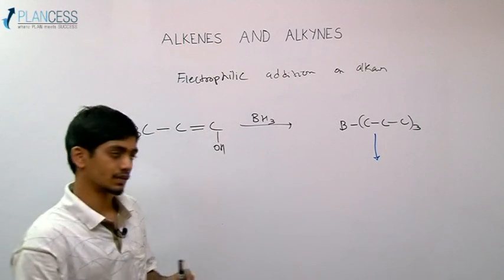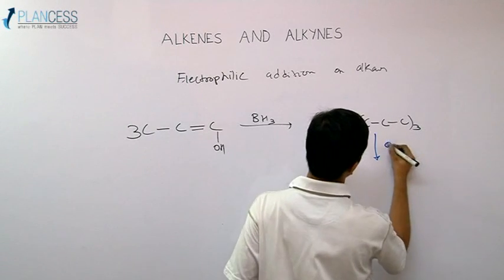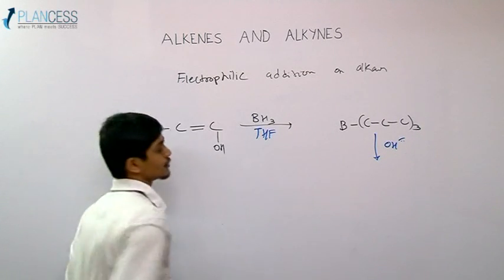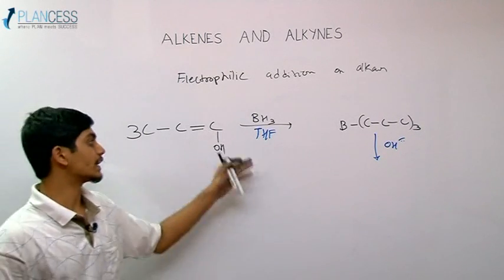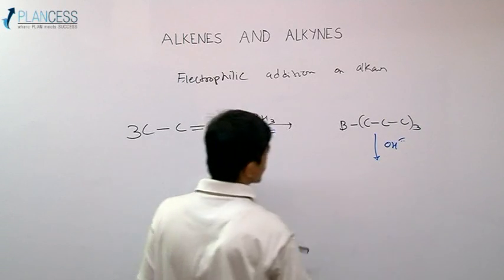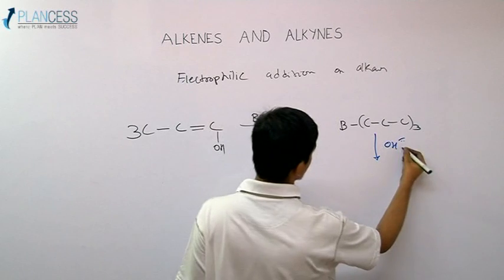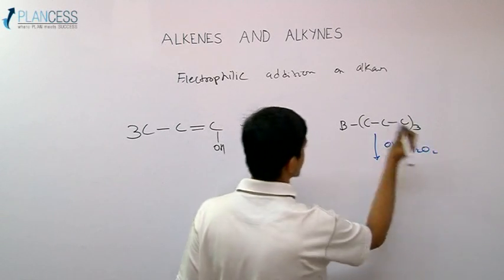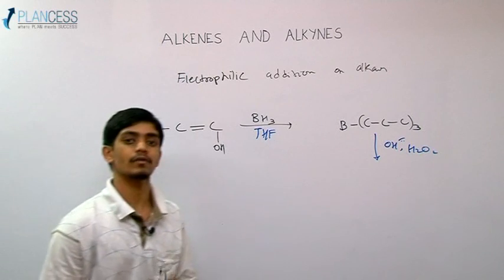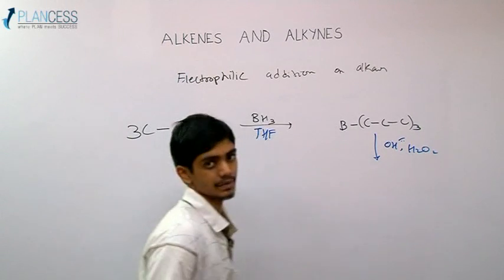Now the reaction after this is very simple. We take BH3. It is very important that you use a non-polar solvent or at least tetrahydrofuran. Now we have got this nice structure, then we take oxidation of this. That is, we oxidize this structure with the help of hydrogen peroxide in basic medium.